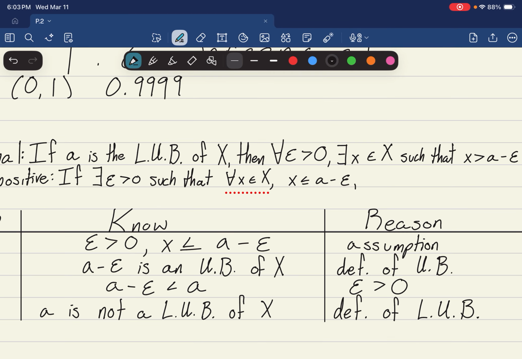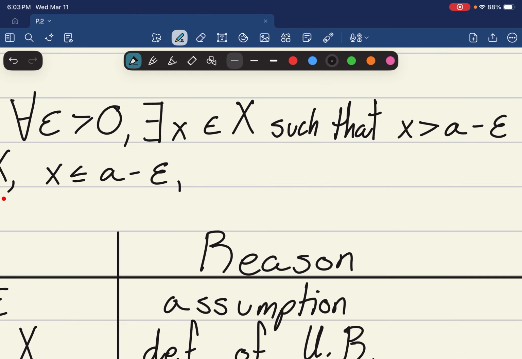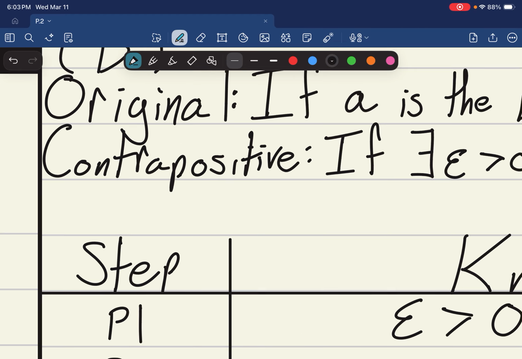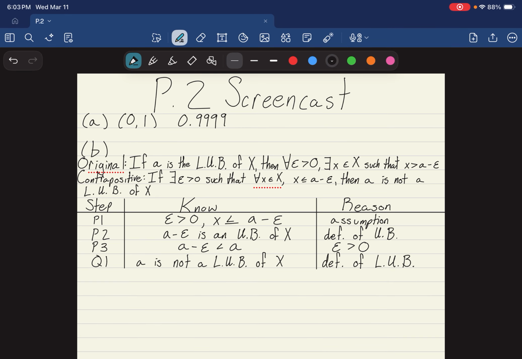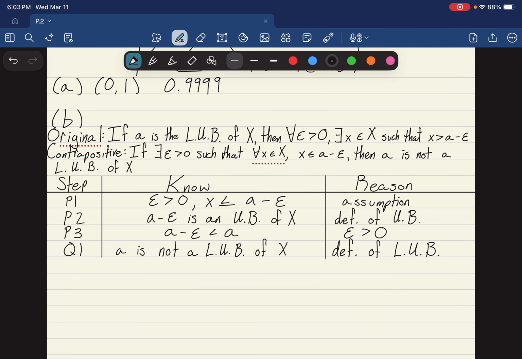So our original hypothesis says a is the least upper bound of X. So then a is not a least upper bound of X. And so now we have our contrapositive statement, which is logically equivalent to our original statement. So by proving the contrapositive, we will have proved the original statement.